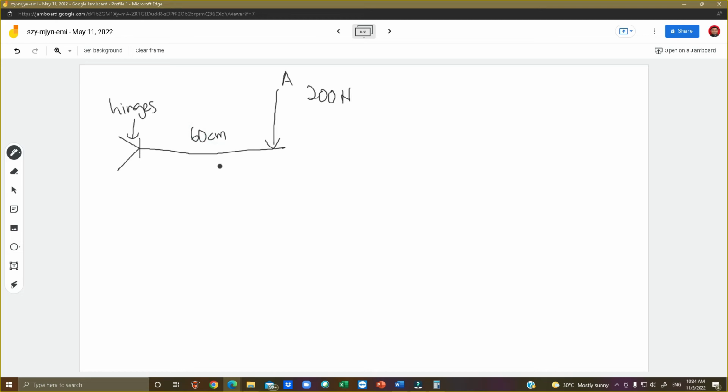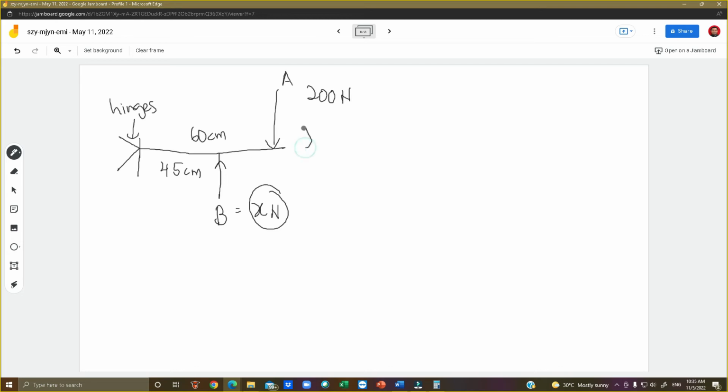While we have another person pushing the door here. We name it as B. But we don't know how much Newton. The thing that we know is the distance between the hinges and B is 45 centimeter. Okay, my question. How much is B if we want to make sure the door does not move?